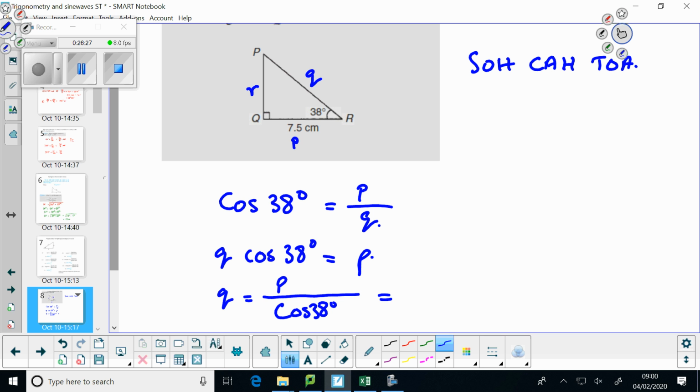That's the side length p, 7.5. What did we get?